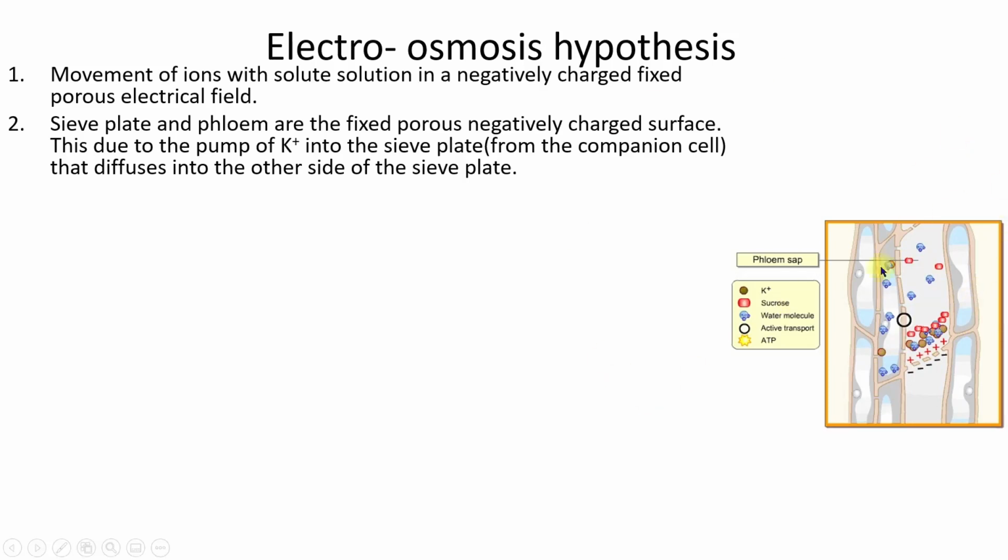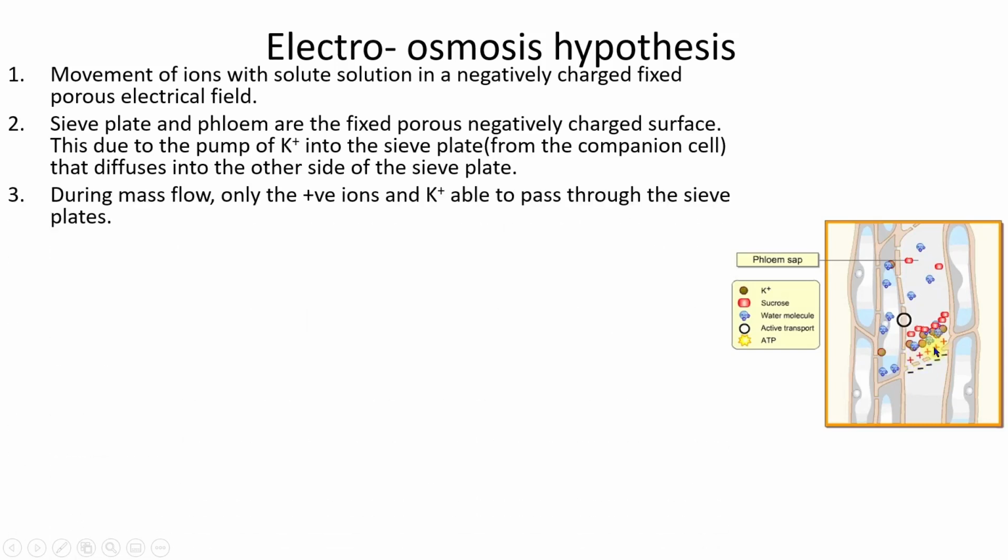So meaning to say, the potassium pump between the sieve tube and this companion cell will pump potassium ions onto the sieve plate. Now, the potassium ion here will diffuse into the other side of the sieve plate. So this region here, initially, is positively charged, and this region here will be negatively charged.